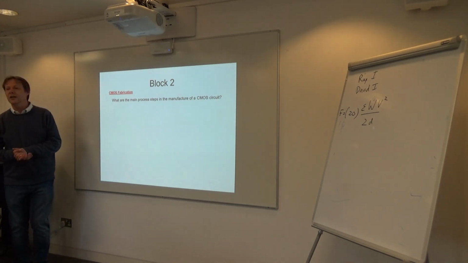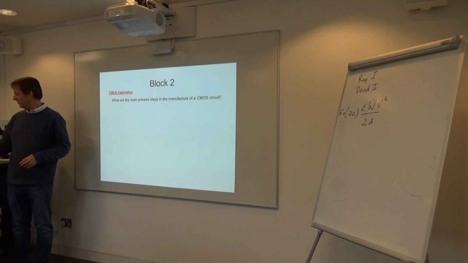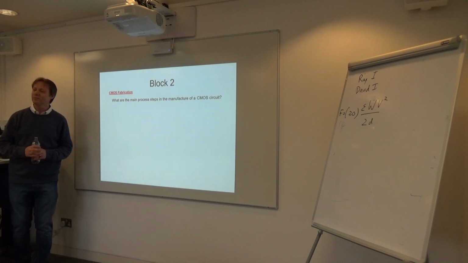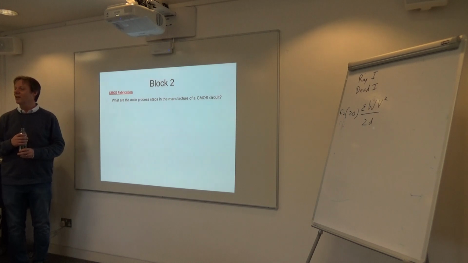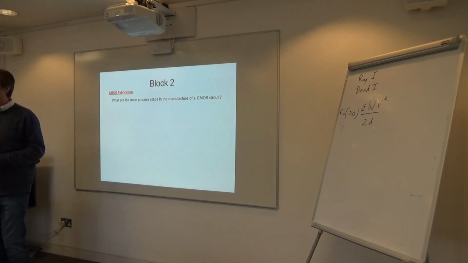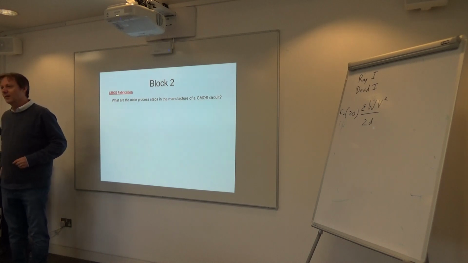Right. Can anyone remember the main process steps in making a CMOS circuit? Start with a lightly doped substrate. You etch in the shallow trench.